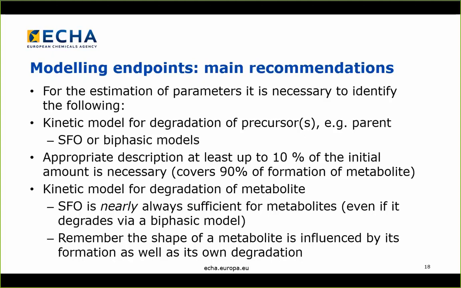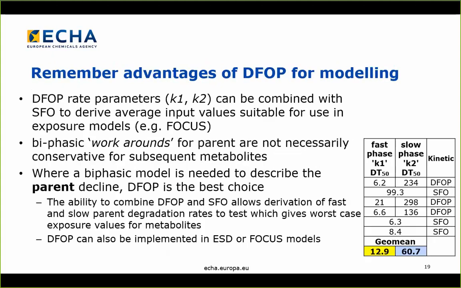And that's because the shape of the metabolite curve is influenced by both its formation, which is determined by the degradation rate parameters of the precursor, as well as its own degradation. Okay, so the shape of that metabolite, as you saw in some of those earlier examples, is also determined by the precursor. So very often, single first order is good enough for metabolites, which is good news.